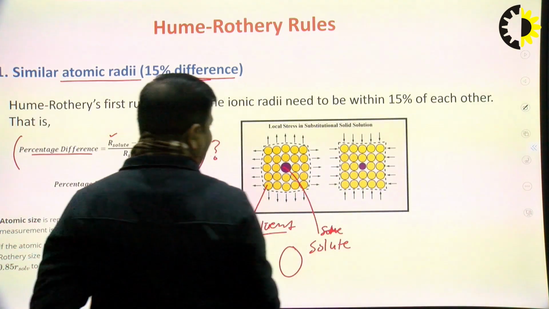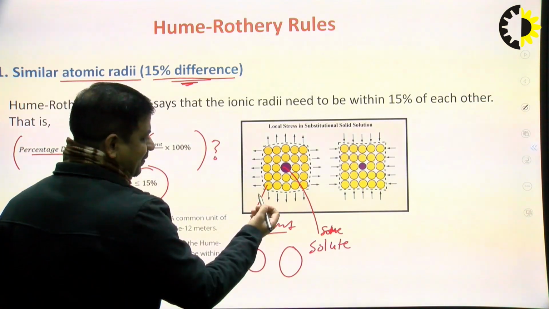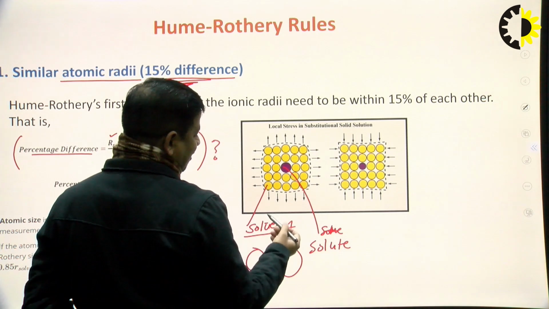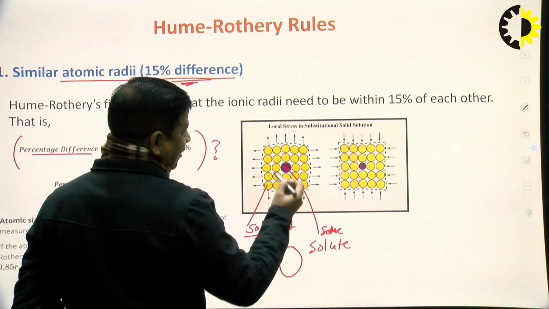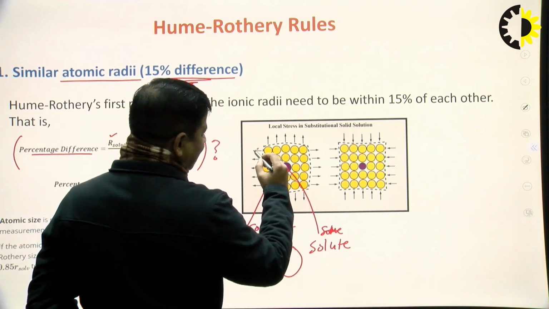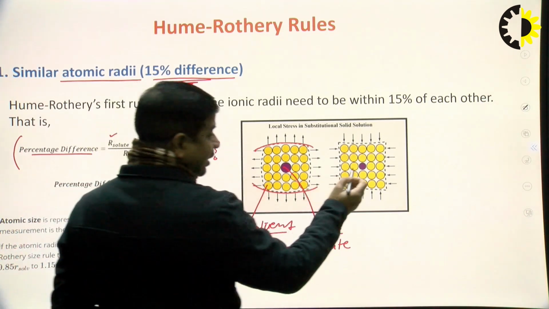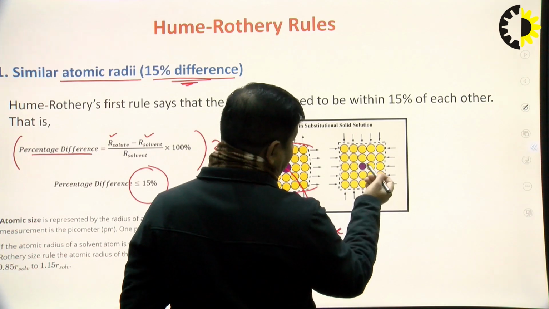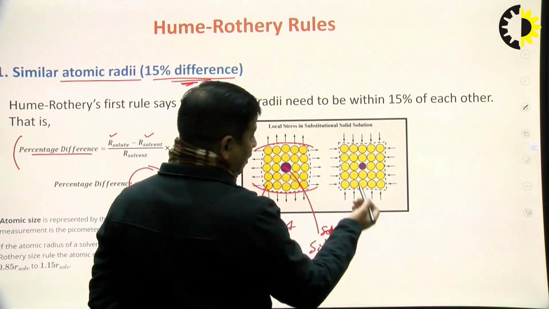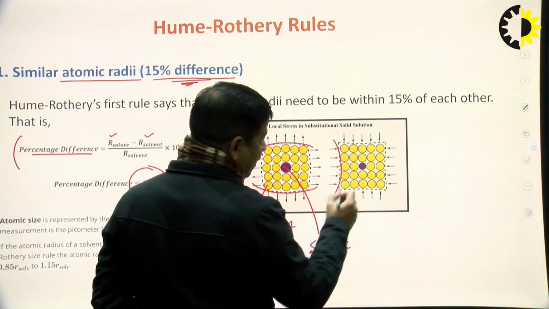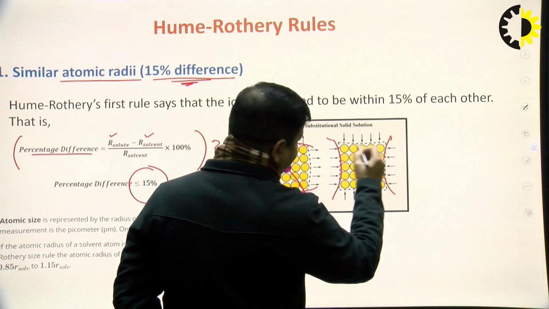So this is one thing. As you can see here, if my solute radii is bigger than the solvent, you can see some bulge towards the outside. If the radii of the solute is too low, then we are going to get this kind of shape.